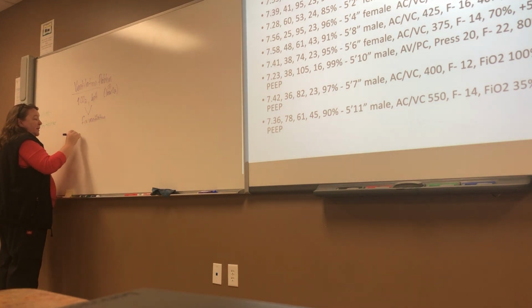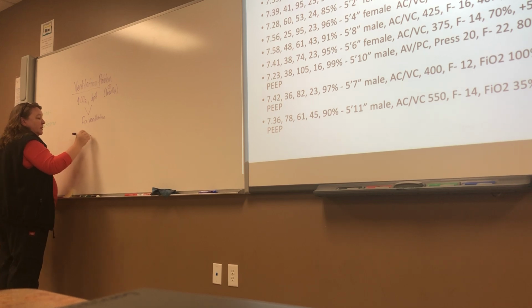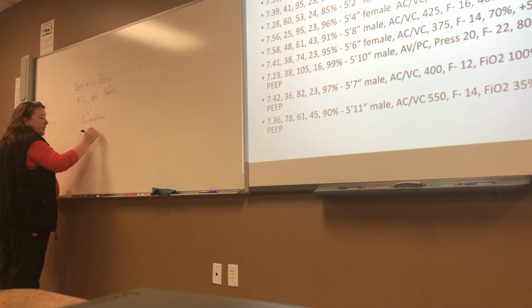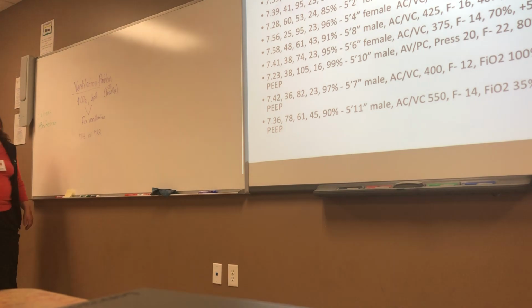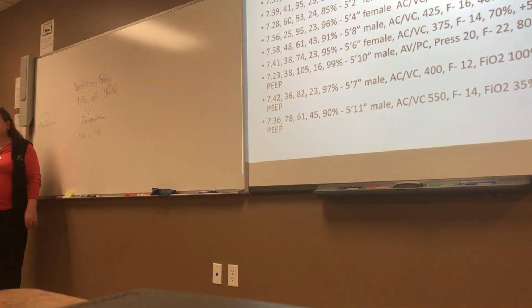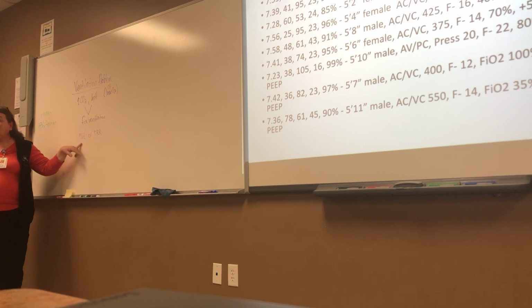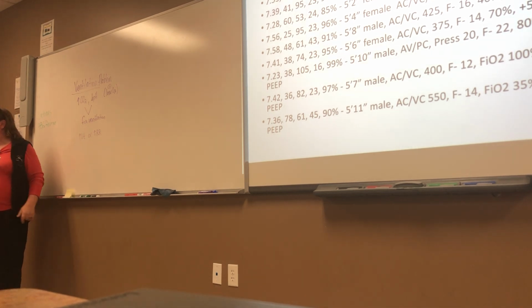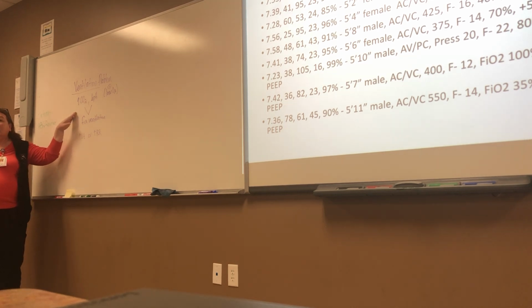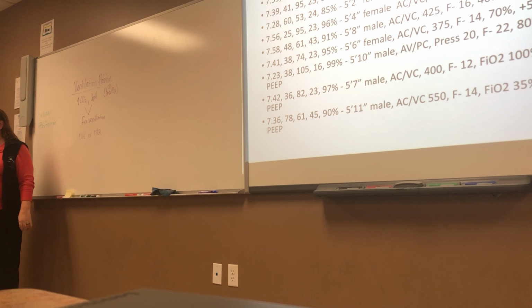We can do that by increasing tidal volume or increasing the respiratory rate. Don't make it harder than it is, you guys. It's two factors, volume or rate. Oxygen is not going to fix ventilation. If you're telling me there's a ventilation problem, I don't want to hear change FiO2 or PEEP. It will do nothing.